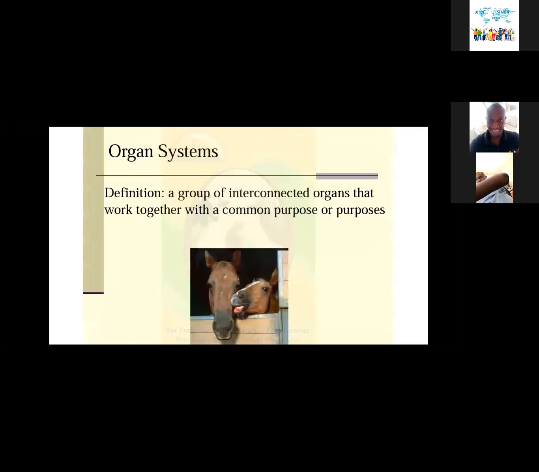So let's look now at organ systems. An organ system is a group of interconnected organs that work together for a common purpose or purposes. You might take the urinary system. A urinary system will be made up of either a penis or a vagina. From there, you have all these urinary tracts that would take the urine from the bladder.